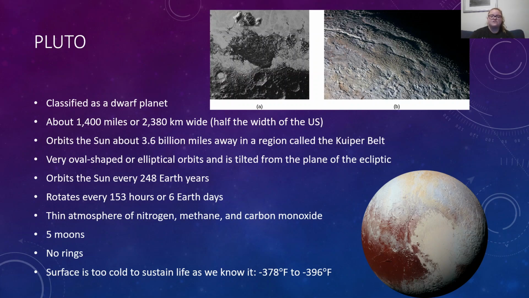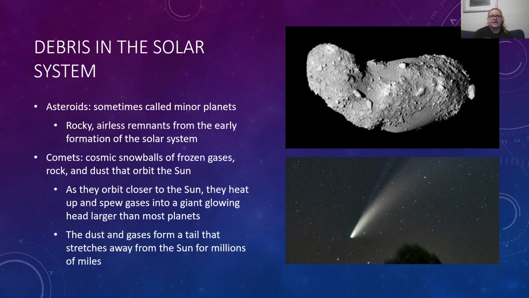So it's just very interesting to see all the different colors on the surface, and we are definitely still researching Pluto. We've only had one flyby, which was actually pretty recent, in the past few years, and that's where we got this image here.